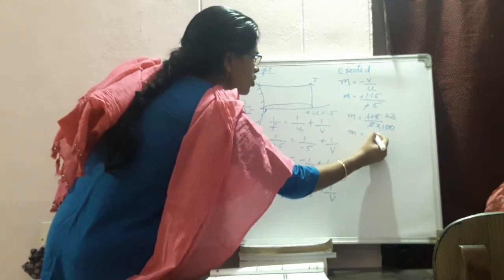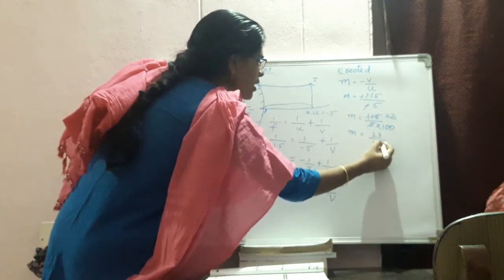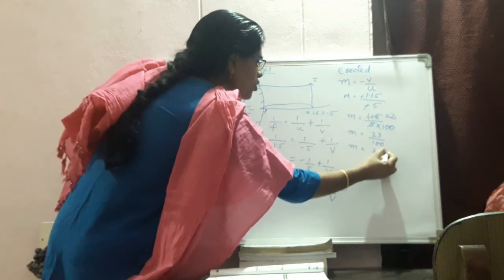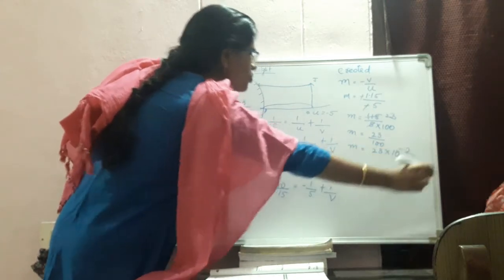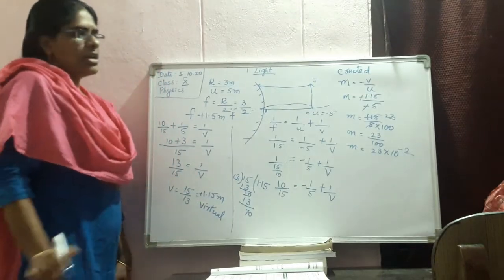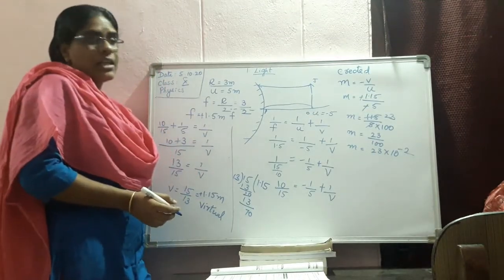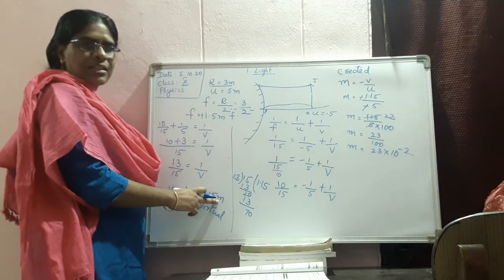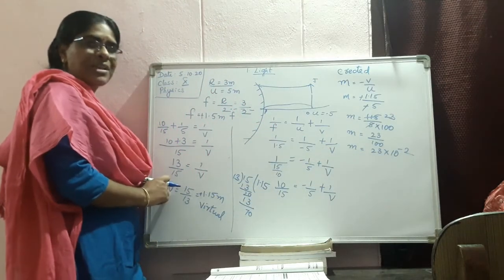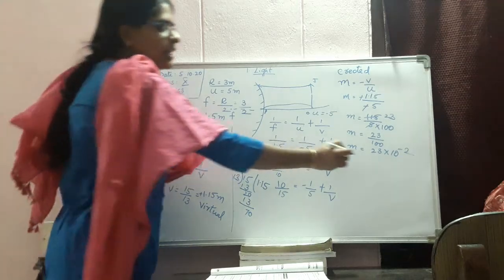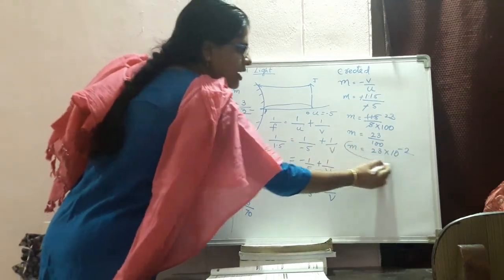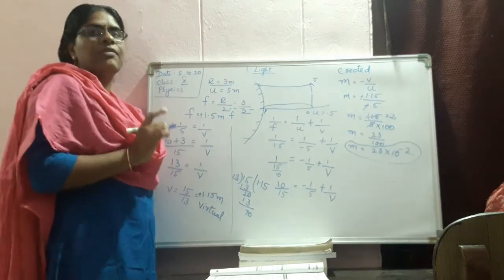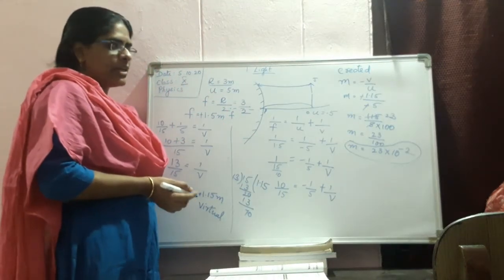Then M equal to 23 by 100, which is 23 into 10 power minus 2. Okay. Magnification is the ratio. Here I am writing meters as the unit for your virtual image distance, but I didn't write units for magnification. Magnification is always a ratio. It doesn't have any unit.